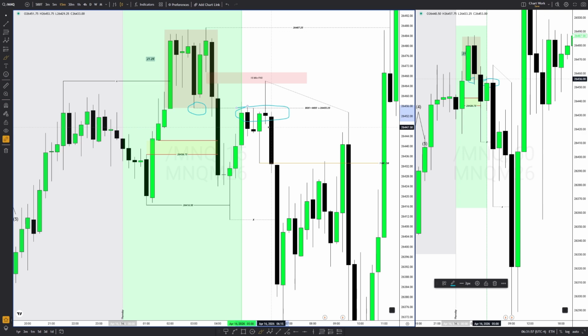And the reason why I say this level of resistance did hold to be true is because wicks do not necessarily represent the true direction of a range, if that makes sense.